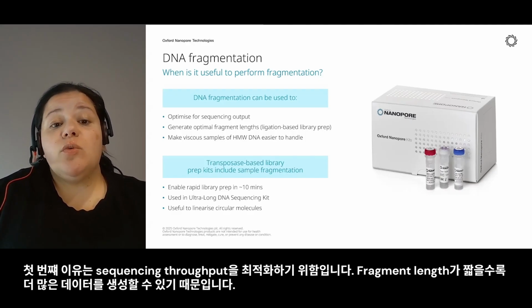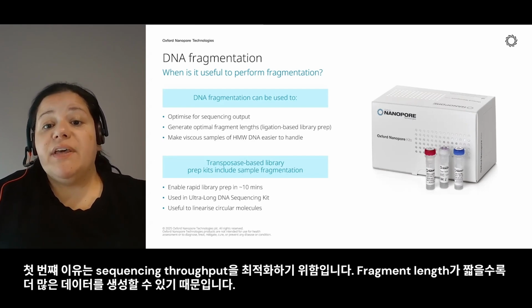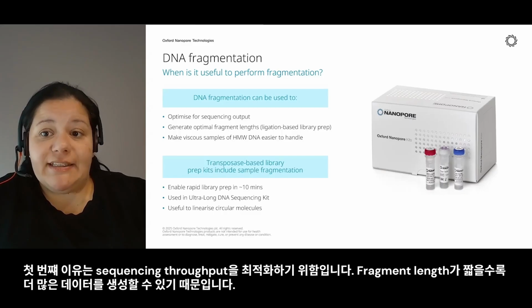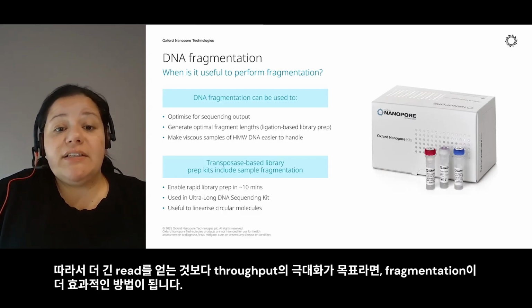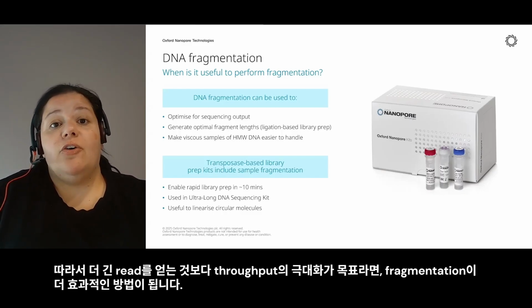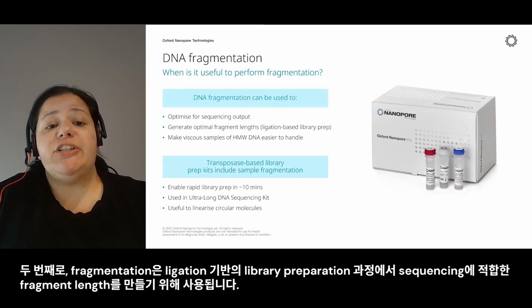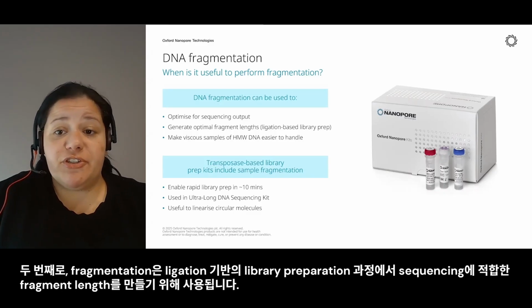The first one is to optimize for sequencing output, because if you have shorter fragments, you're going to generate more data. So if you're aiming to maximize output rather than optimizing for longer reads, this would be a way to do it. Secondly, fragmentation is used to generate optimal fragment lengths for ligation-based library preparation.